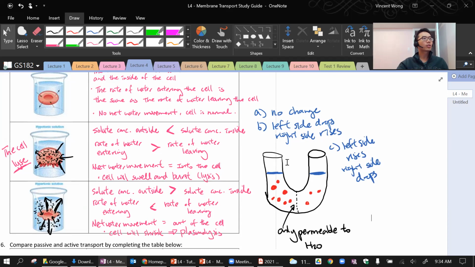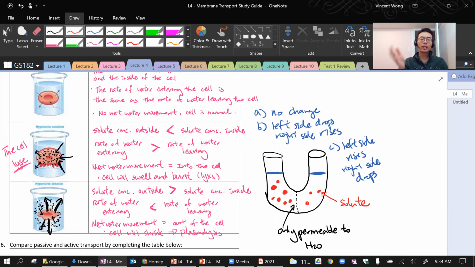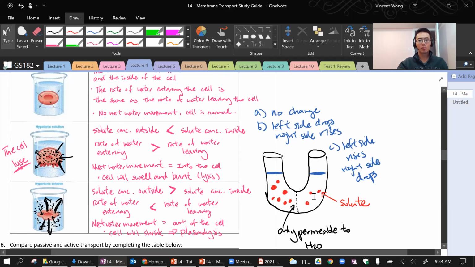To equal out the solute concentration. Okay. The solutes are the red dots, right? Can the red dots move? Will the red dots move from one side to another?